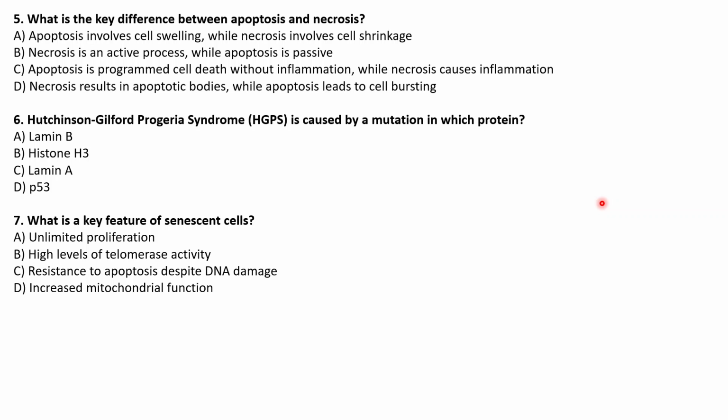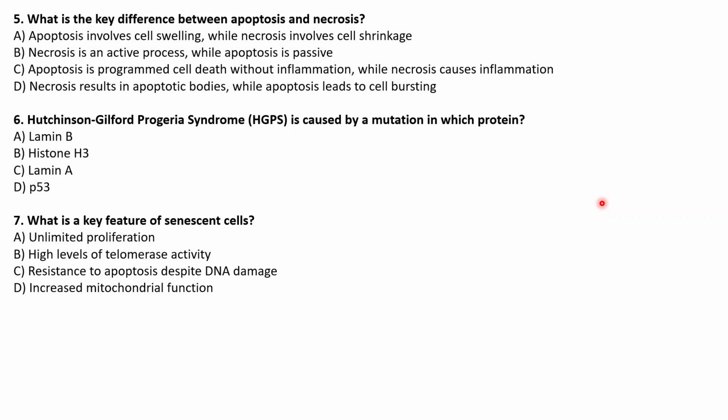senescent cells essentially are cells where the telomeres have become very short. Okay. So why would the telomeres become short? Because the enzyme that adds those repeats to the end of the chromosomes is not functioning as well over there.